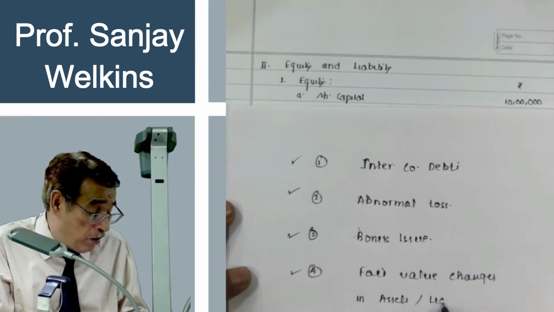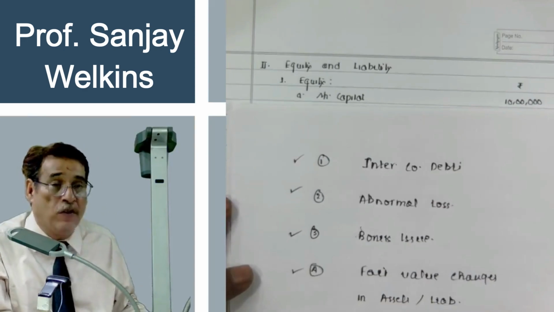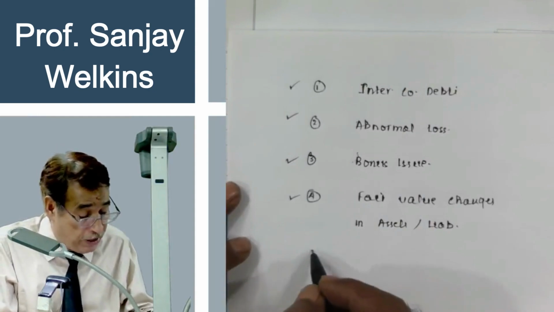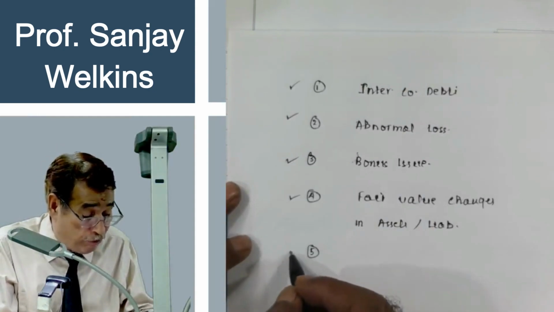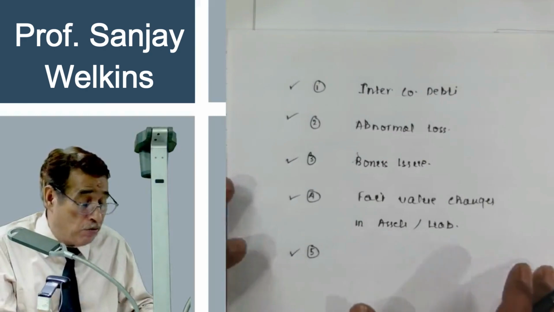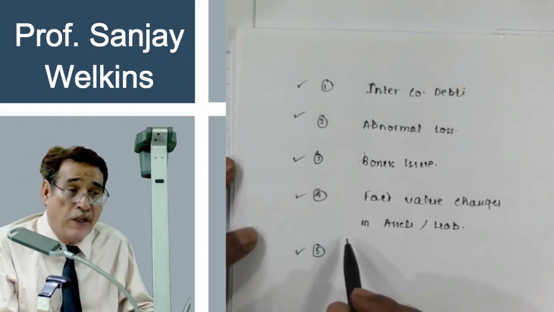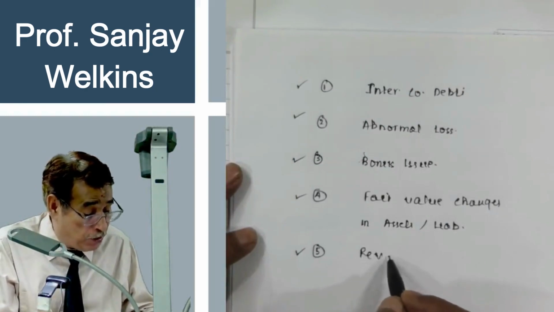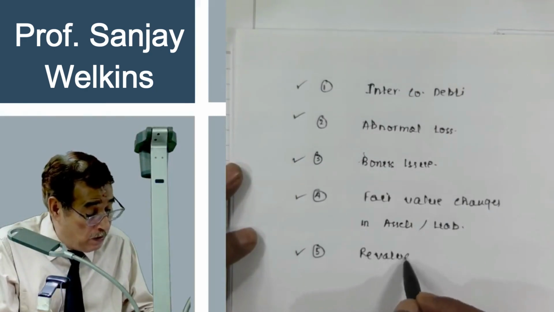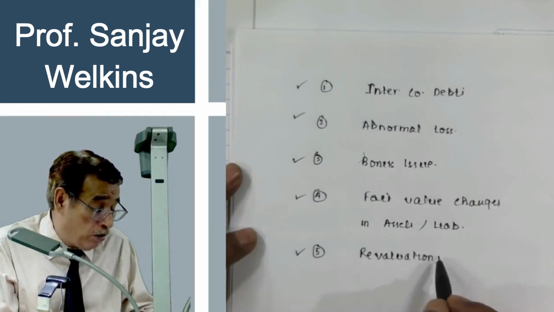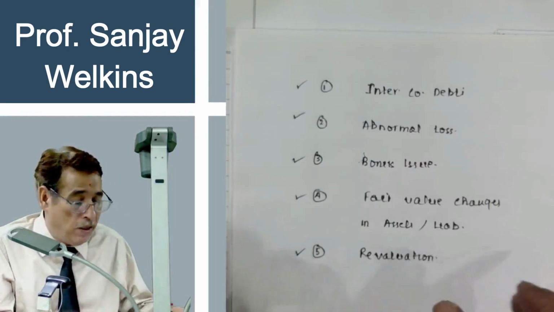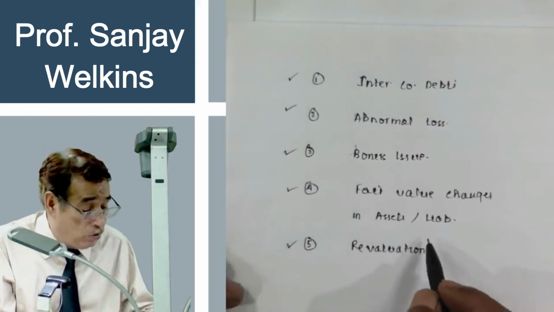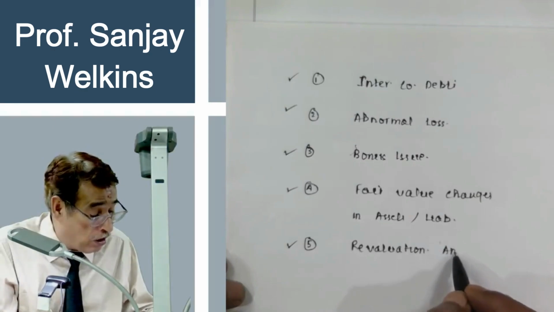Sometimes it may be given that the fair value of a particular asset or liability of the subsidiary company is so and so. How to deal with that? These are the issues we may have to face when preparing consolidated financial statements. Besides that, revaluation analysis, which is quite a tricky one. Sometimes you may be told that on the date of acquisition, the parent revalued a particular item of the subsidiary company at a certain figure. So how do we deal with that revaluation analysis?